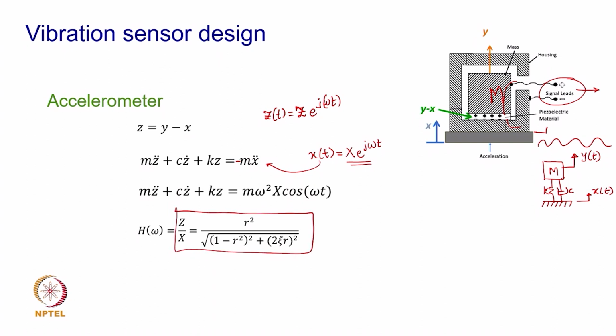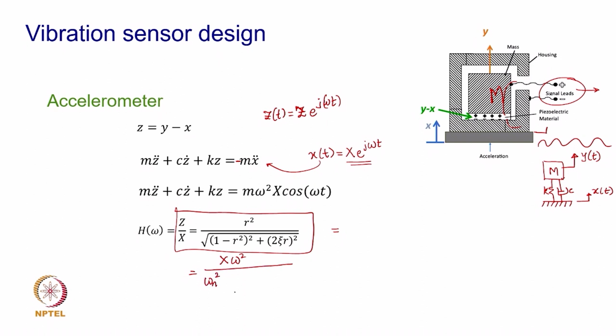Now, the thing here is that we substitute for r square. So I can rewrite the same equation on the right hand side as capital X times r square, and what is r? It is omega by omega n, is it not?